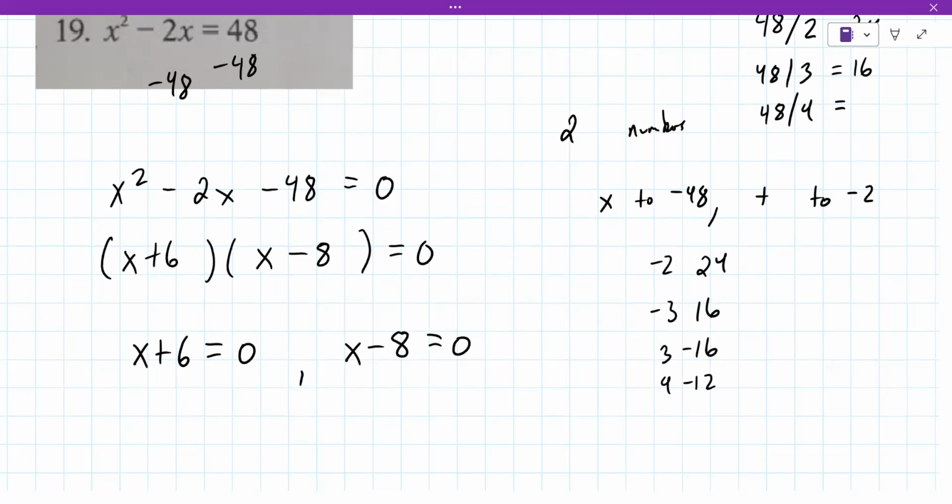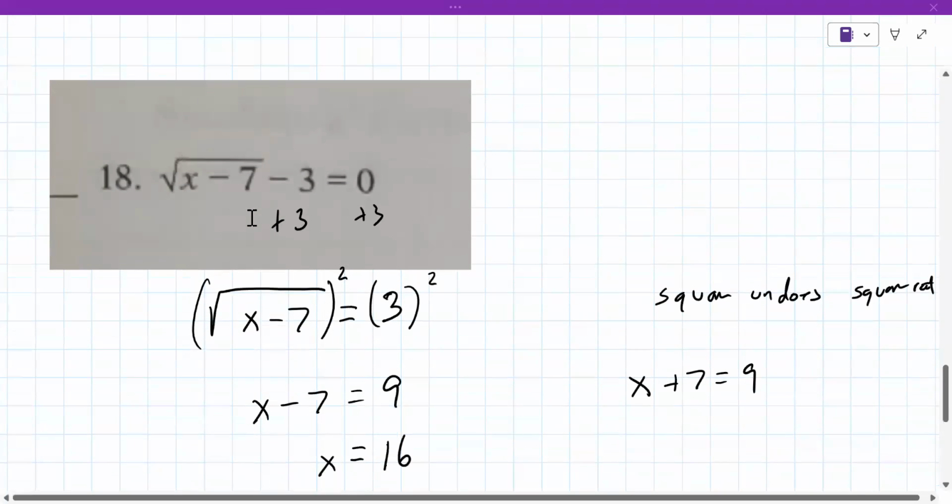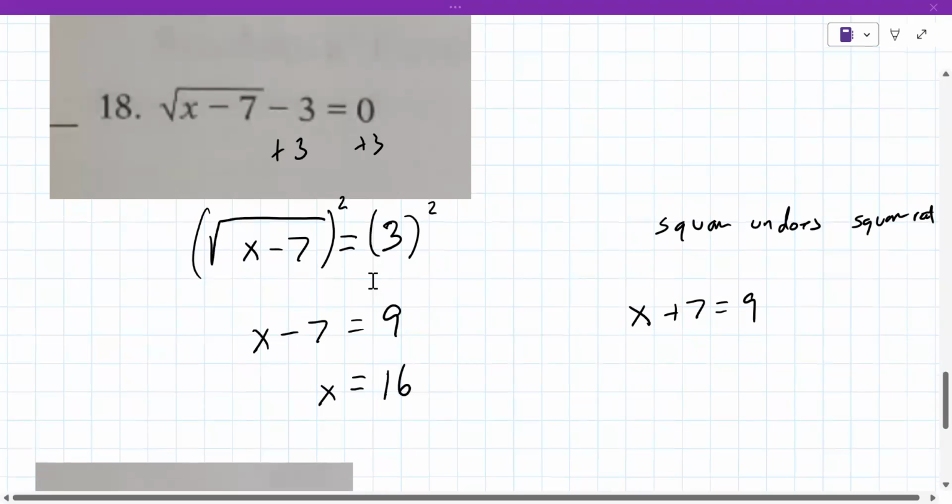Okay. Let me just get this written down. X plus 6 equals 0, and then x minus 8 equals 0. I'm not really understanding how I solve these two.